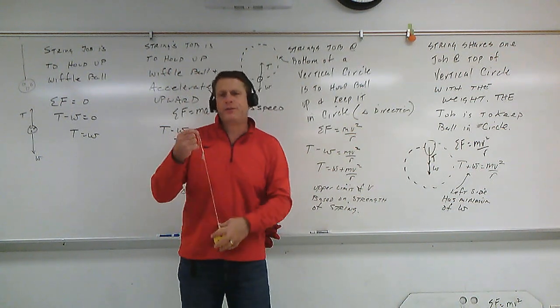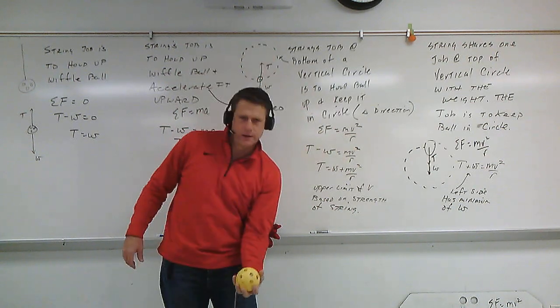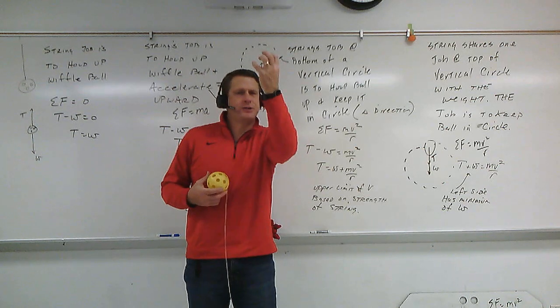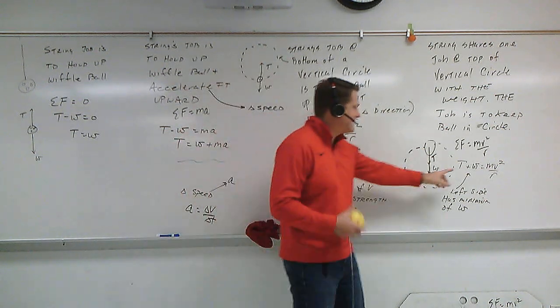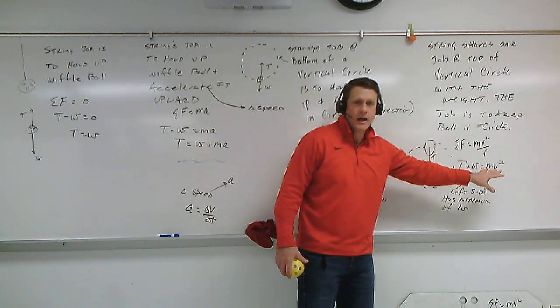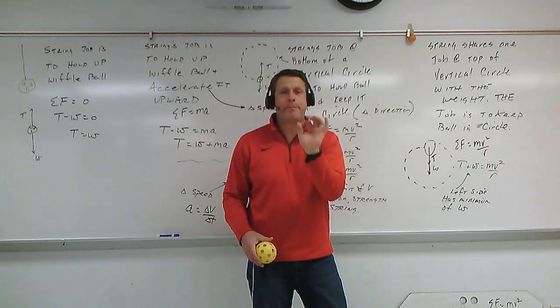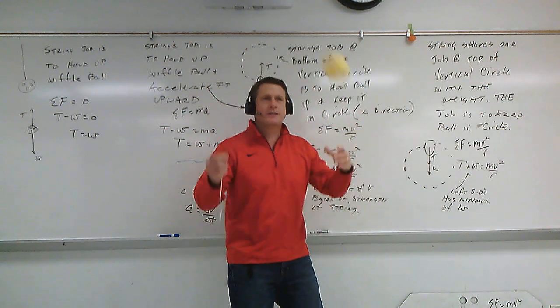Well, why does the ball fall out of its circle? Because if this thing weren't moving, then weight's job is to pull this thing down. Right now, weight is helping to keep the object in the circle. And weight can do this job by itself if the tension in the circle is zero.